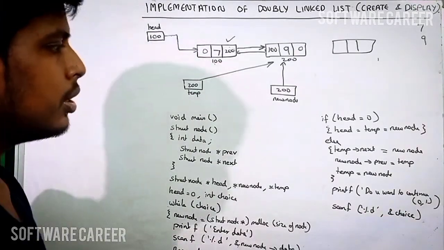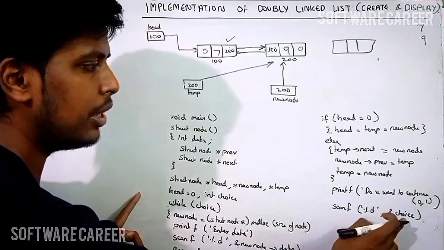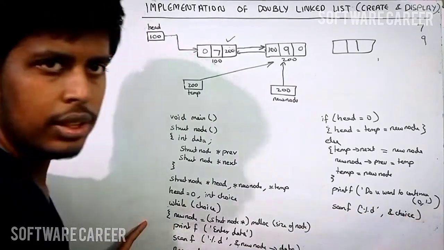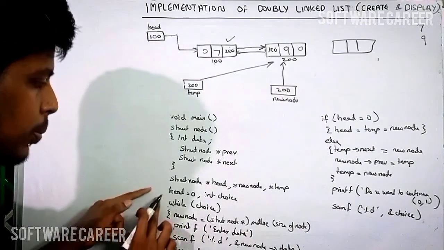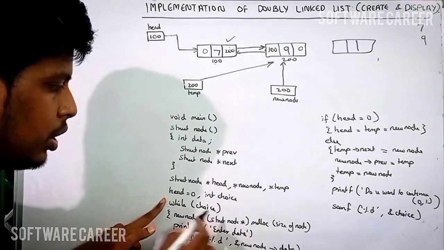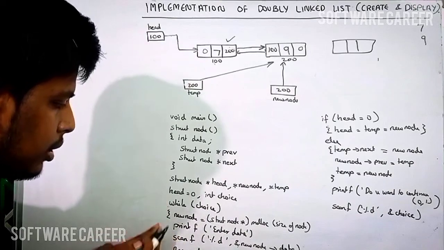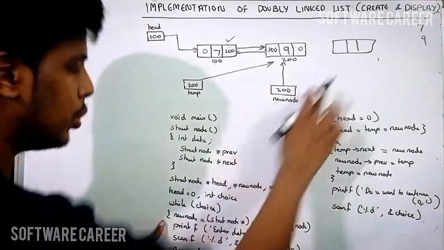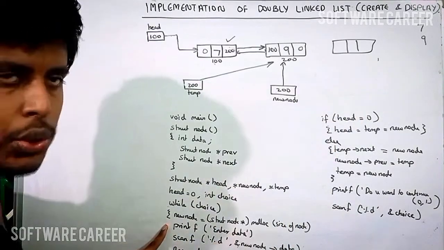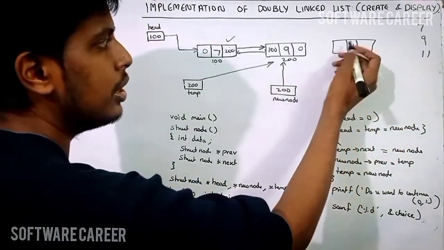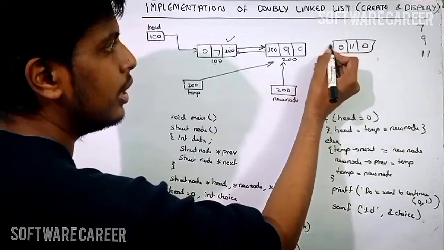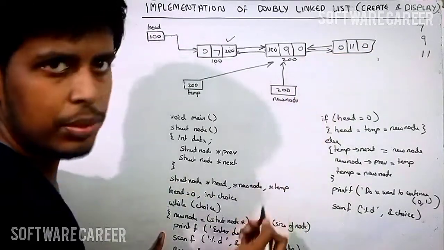Now suppose he enters 1, that means he wants to create a linked list. Then it goes back and enters this loop, while choice equals 1. Then it enters into this code. It creates a new node and asks the user to enter data. Suppose let's say 11, then 11 is put here, then 0 will be put here, and the backward link and forward link will be created.